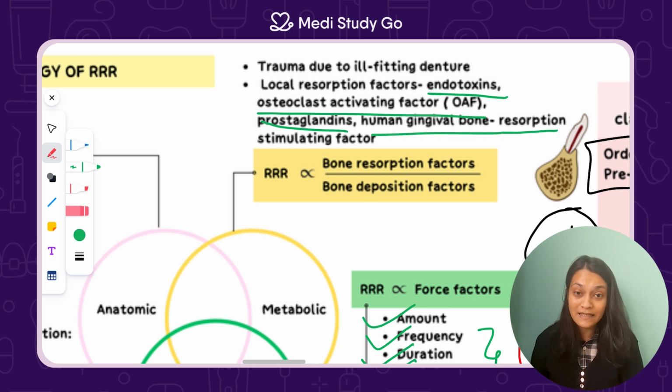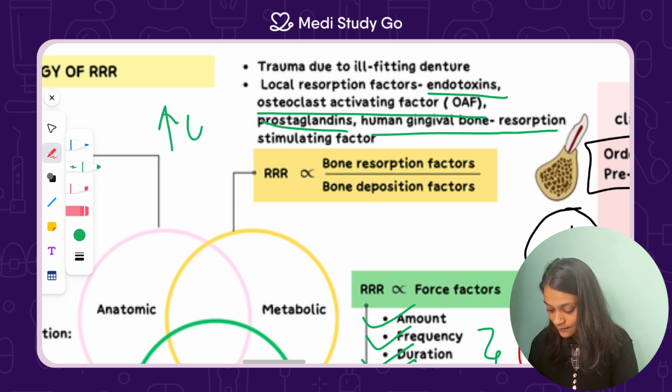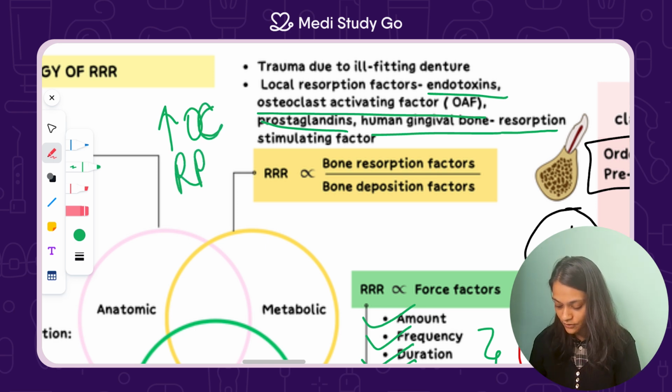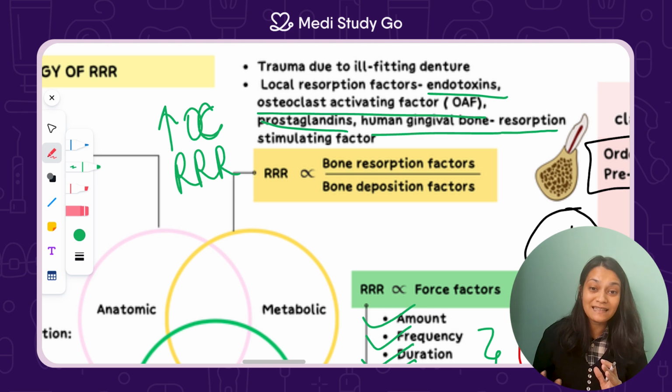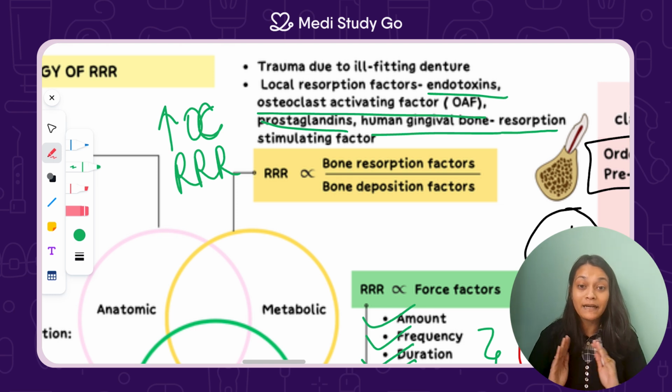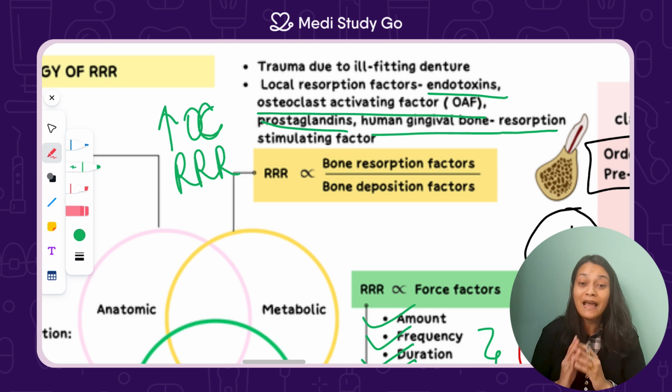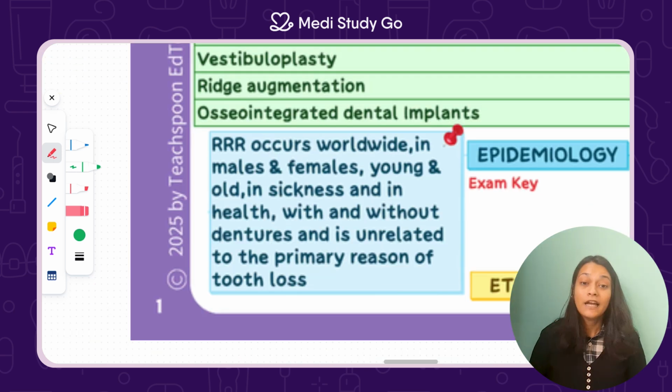All of these will in turn lead to an increase in osteoclastic cells, which would lead to residual ridge resorption. And this, as we talked, is multifactorial. It's not just one thing that is going to affect the ridge resorption, but there are multiple factors that will take part in this.